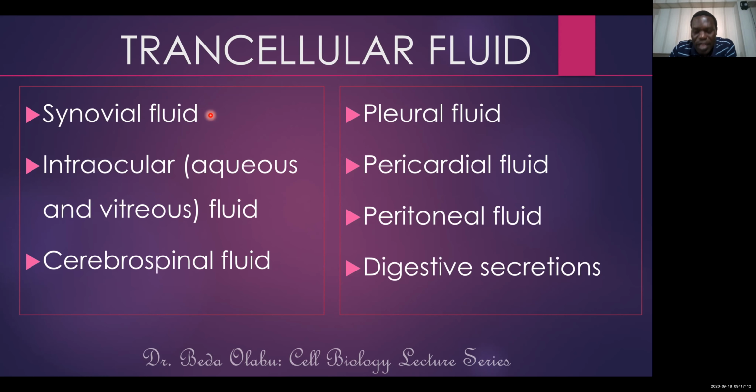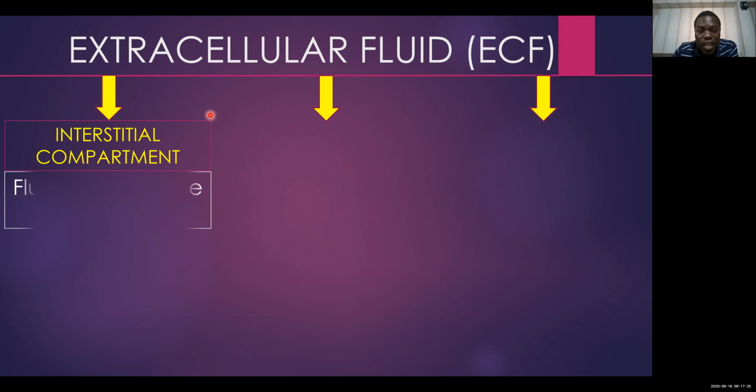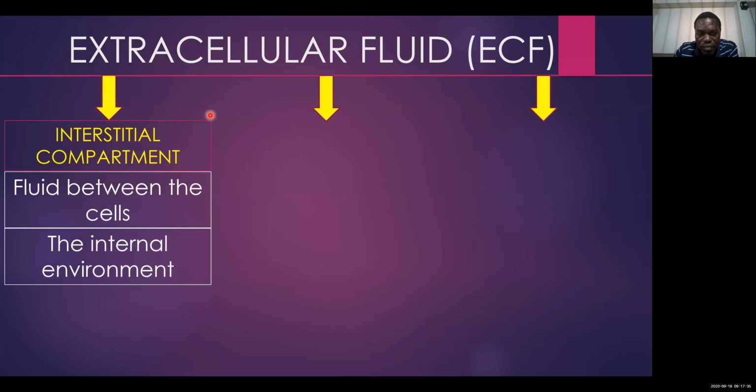So having said that, let me make a summary of what we've said about extracellular fluid compartment. We have said that there are three compartments in the extracellular fluid. One of them is what we've called the interstitial fluid compartment. We have said this is the fluid between cells.